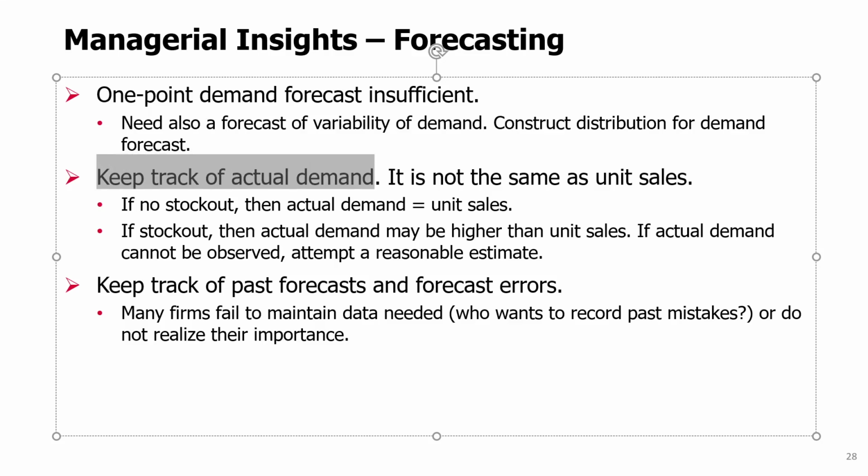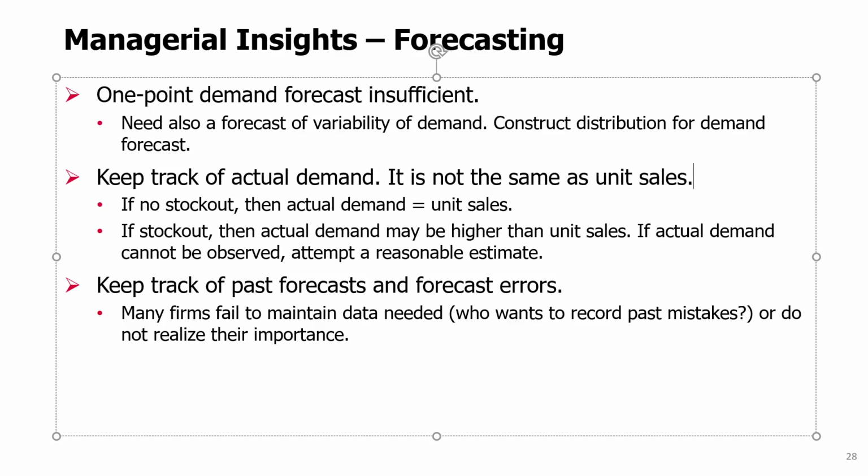Another point is it's very important to keep track of actual demand. And the critical point is to realize demand is not the same as unit sales. So, for example, if I order 1,000 units and my unit sales are 500, then I know this actually was the demand because I had higher quantity, right?